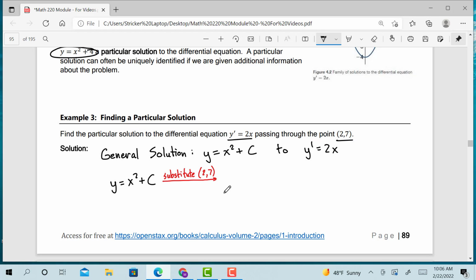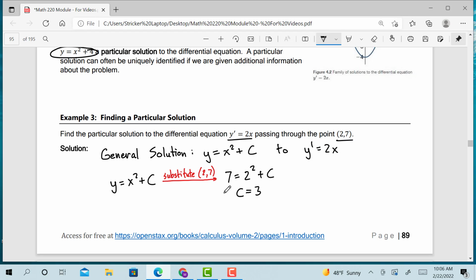When we do that, we get 7 is equal to 2 squared plus c. Well, 2 squared is 4. If we subtract that over, that easily tells us that c is equal to 3.